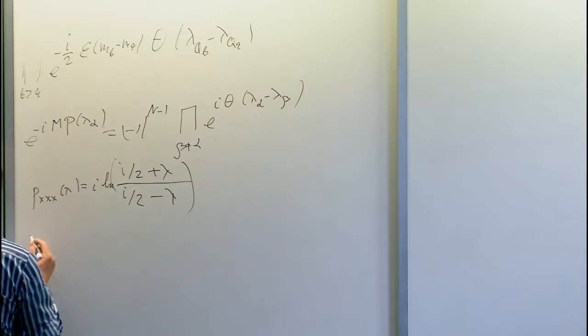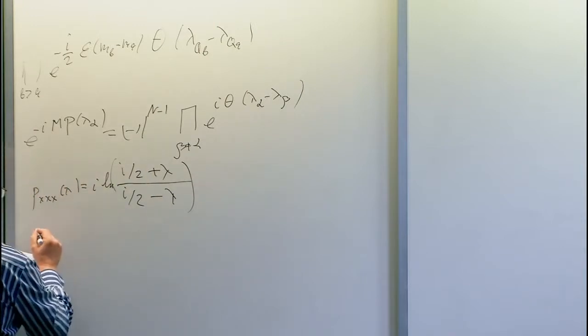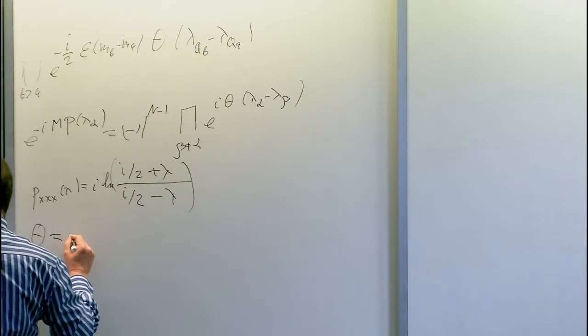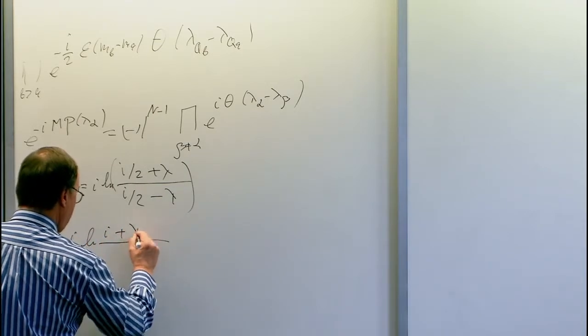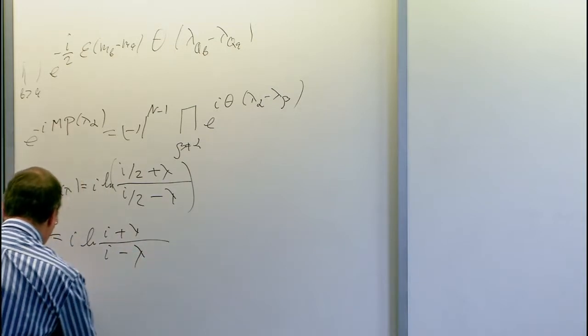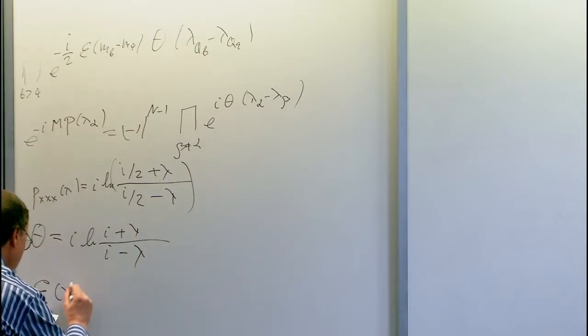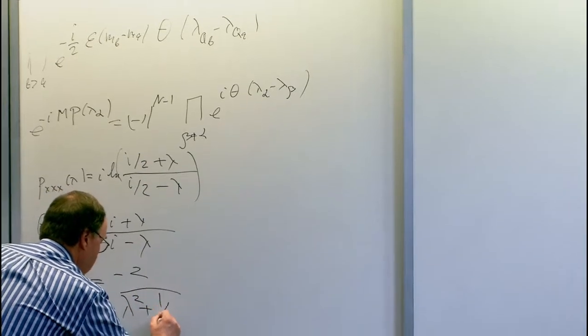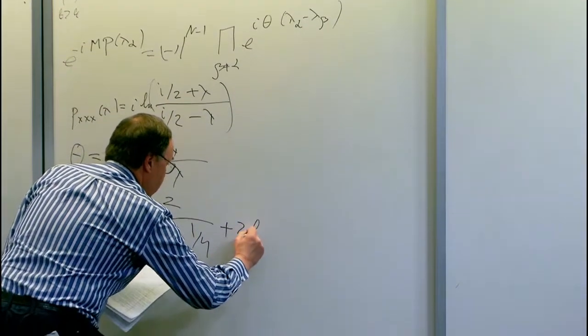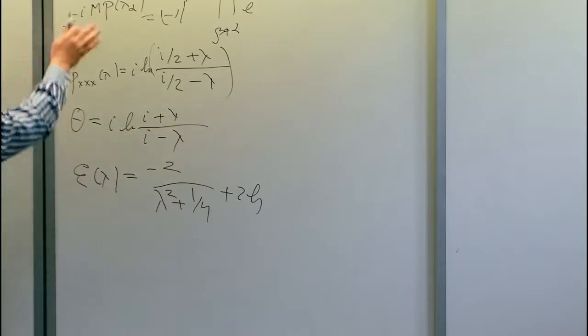And then theta will be i log of (i plus lambda) over (i minus lambda), and epsilon, the energy of one individual spin wave, will be -2 over the square of the spectral parameter plus a quarter, plus the magnetic field. Otherwise, I just plug this expression in here and I get the solution for either one.